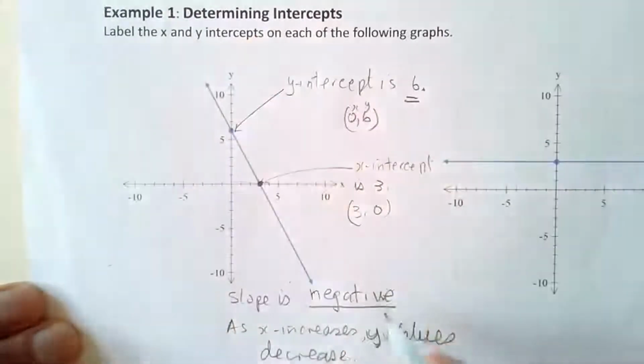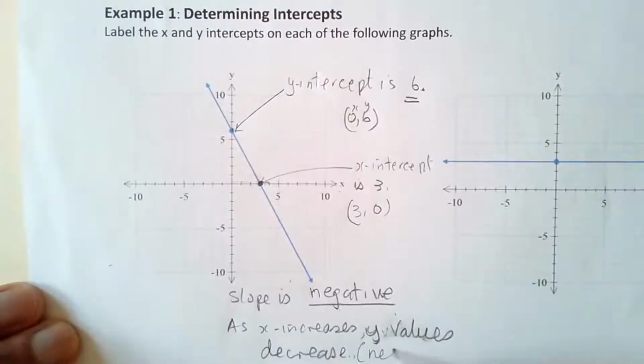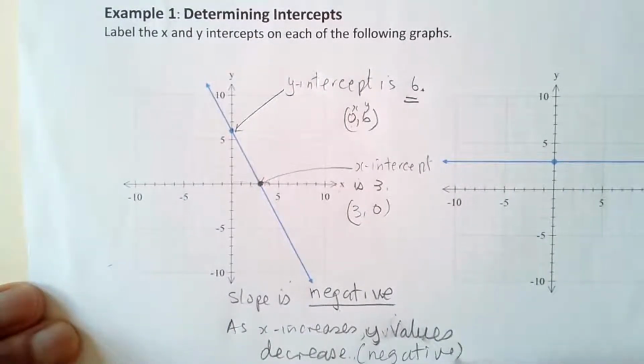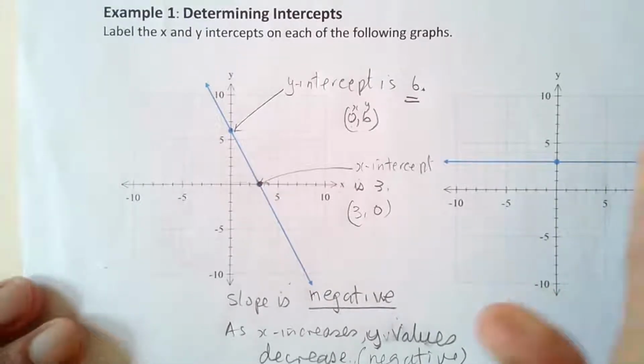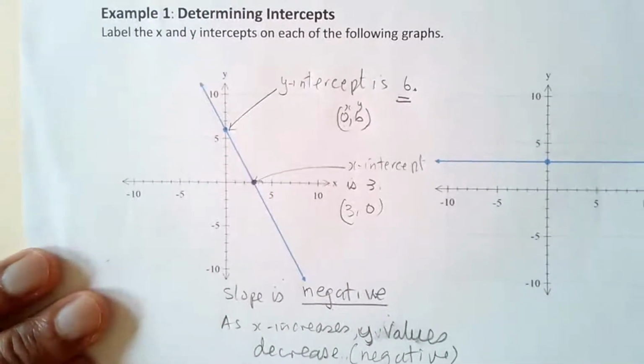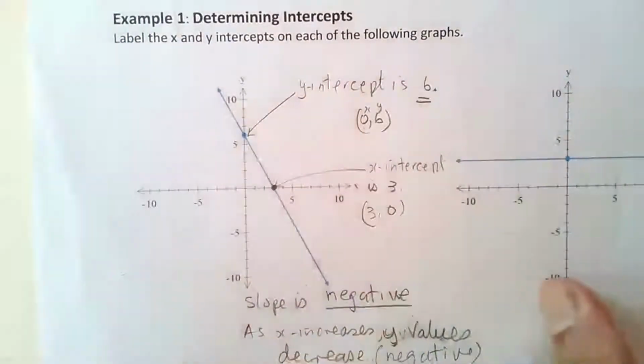So we have a decreasing line, so we say that's negative. If you look at our first graph, let me go back to the first one here.